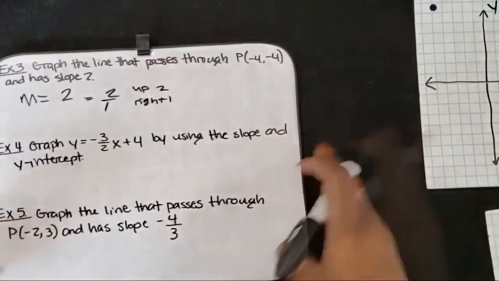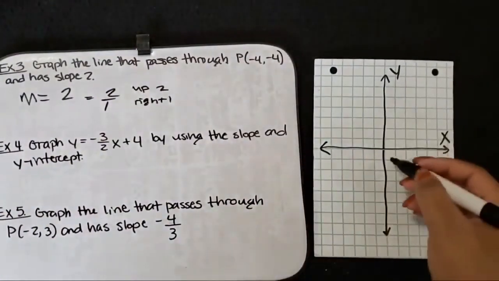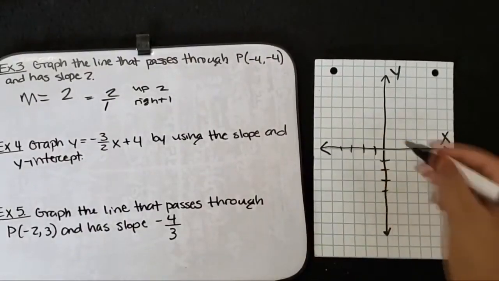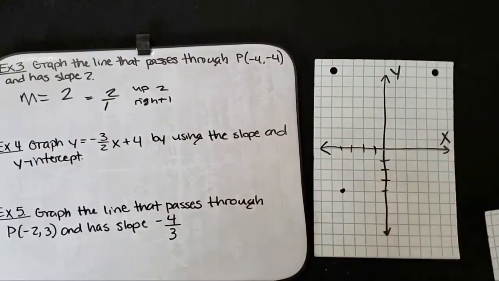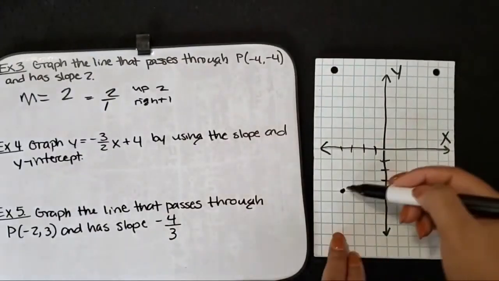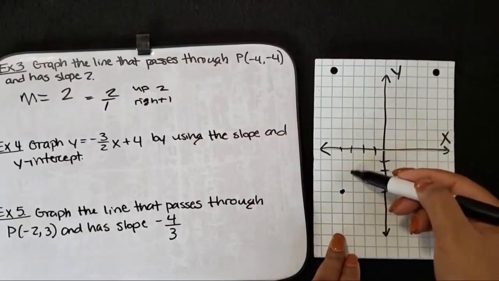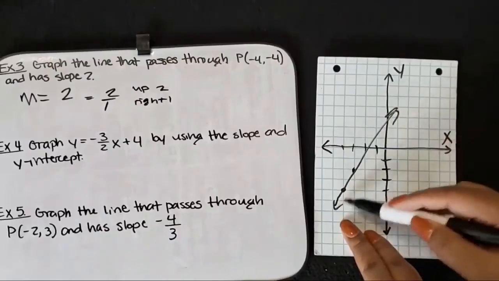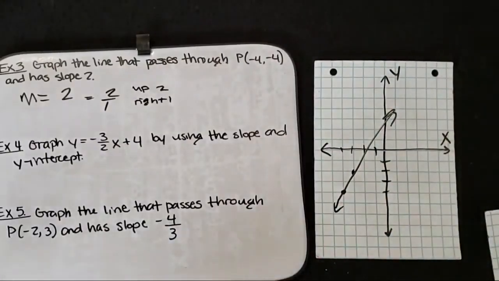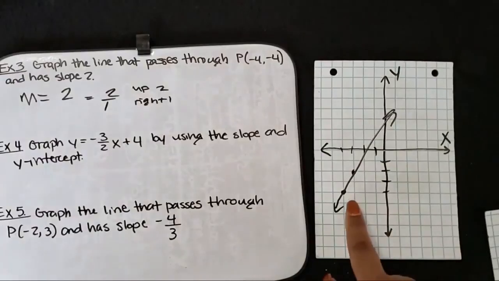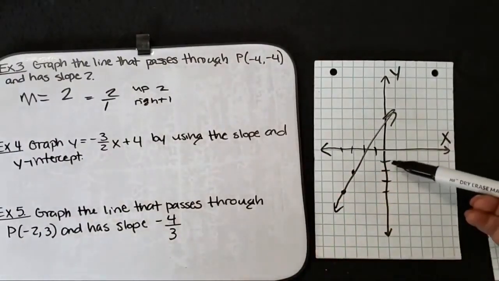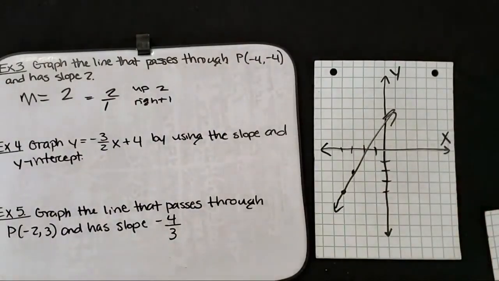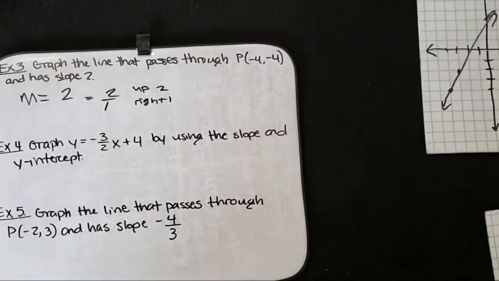So first thing we need to do is plot (-4, -4). From that point, we go up 2 and over 1, and that is our graph. Very simple. On your work, make sure that you label the points and label the notches on your graph.